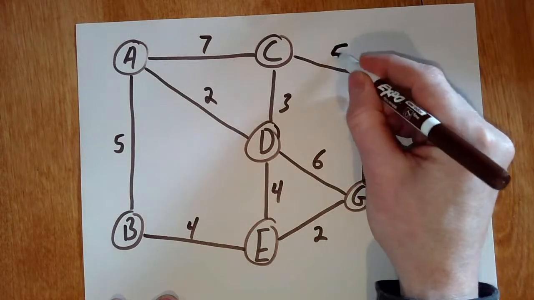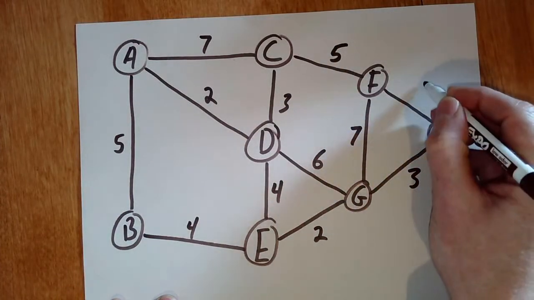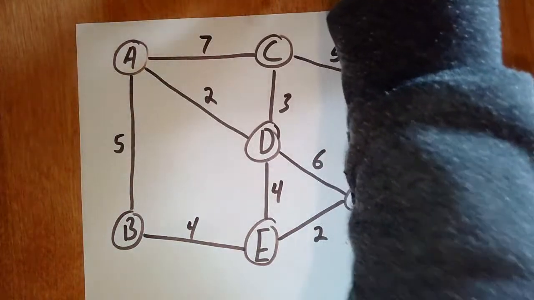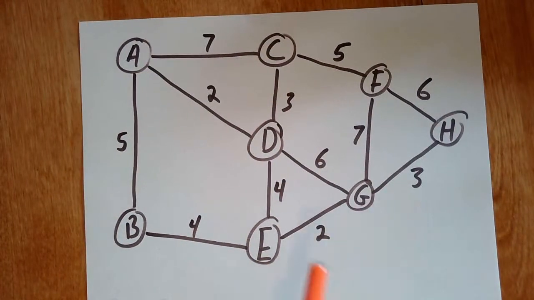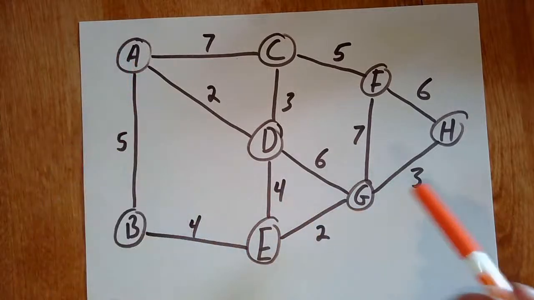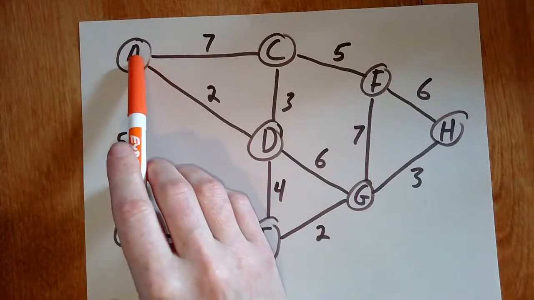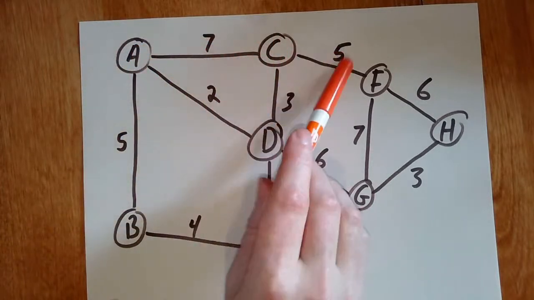Let's do 5 up here. 7, 3, and 6. So to give some clarification here, what we're getting at is that if you're going to travel from A to, let's say, F, the cost of that, if you travel through C, is going to be 12, right? 7 plus 5.